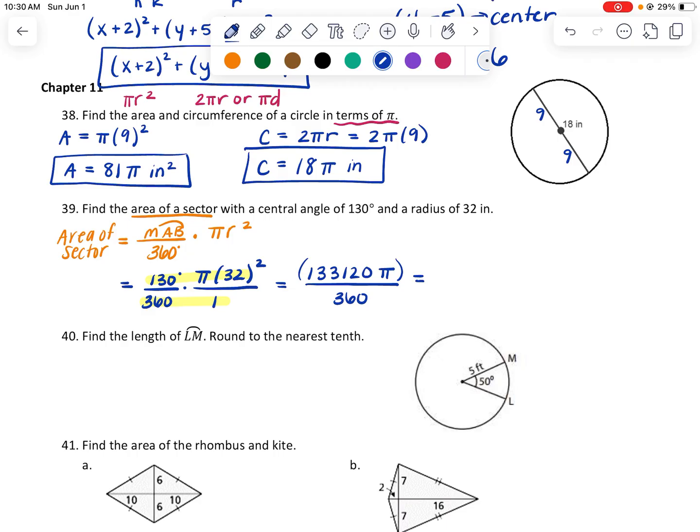So I'm going to take that times pi and then divide it by 360. And I get 1,161 point, and it doesn't tell us how to round. We'll just practice to the 10th place, so 1 decimal would be 0.7, and then my unit is inches squared, because again, we're finding the area of that sector piece.